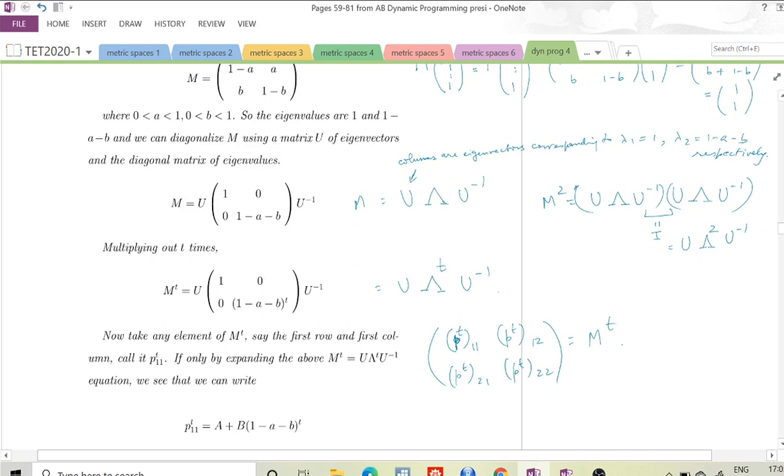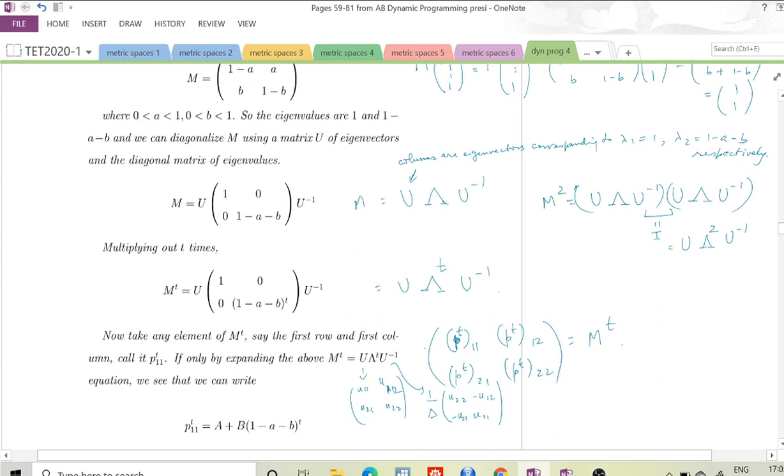You can expand this. You just write down the eigenvectors. You don't even need the actual eigenvectors. Just write this down in terms of a determinant and carry out the matrix multiplication.